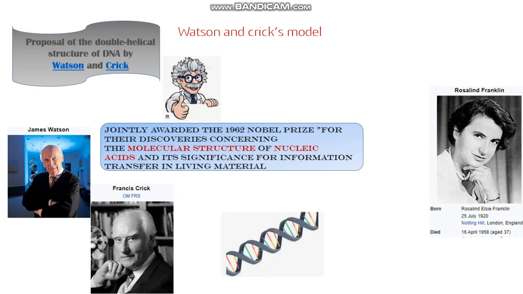It also became known that Watson and Crick used some of Franklin's data without her consent. This is why her name is still in the dark, and she is known as the dark lady of DNA. She was also known as the unknown scientist.